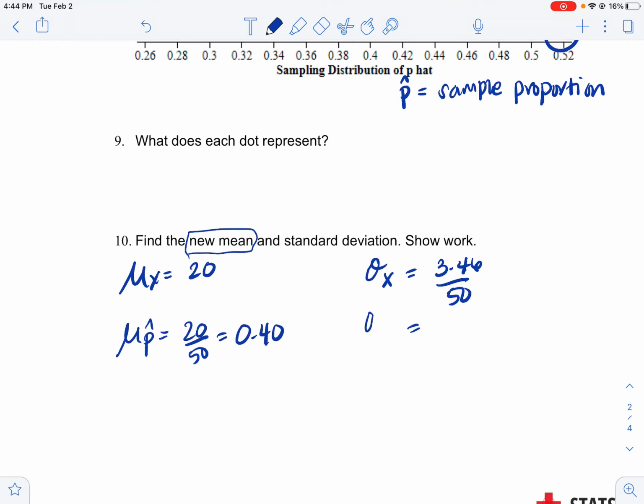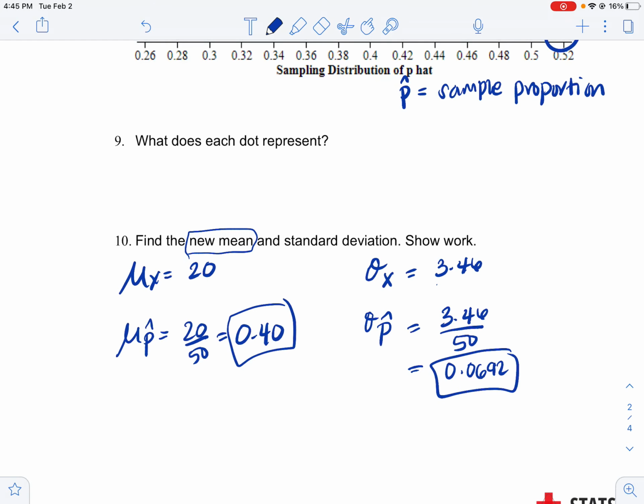Of course. So the standard deviation of the proportion is 3.46, also divided by 50. And I'm going to get that as an answer.